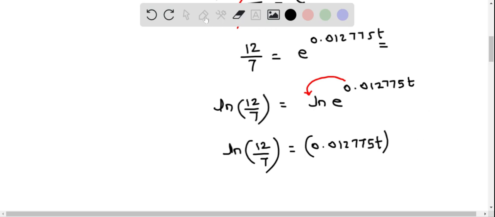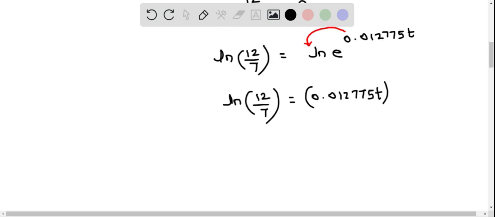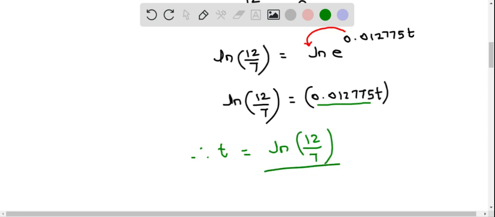We now solve for t by dividing both sides by this number, that is 0.012775. So therefore, t equals the natural logarithm of 12 over 7 divided by 0.012775. We plug this value into the calculator, and when we do that, we approximately get 42 years.